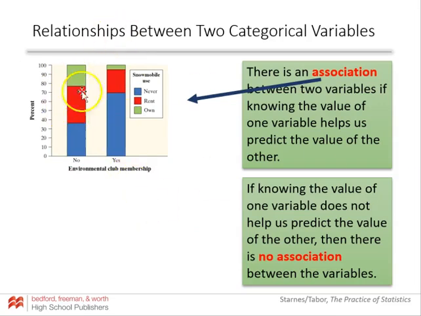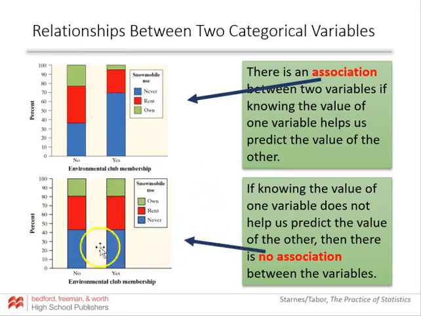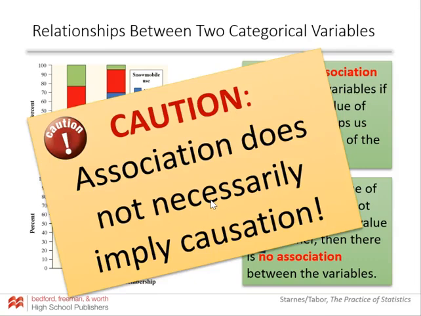If one does not affect the other, then we say there's no association, and in that case, the percentages would be roughly equal. Now, in this picture, they are exactly the same. That won't always be the case, but if they're really close, then we would say there is no association between the variables.